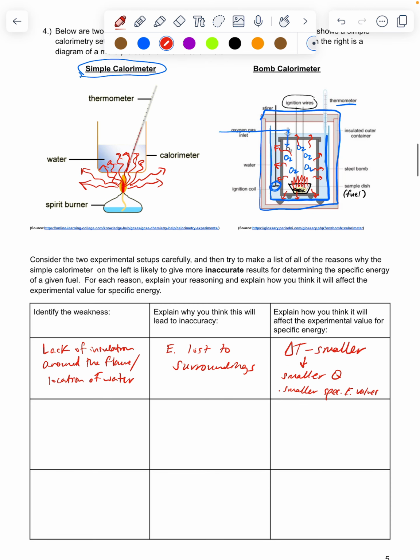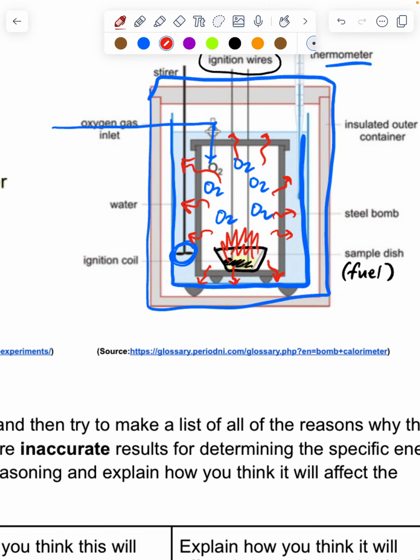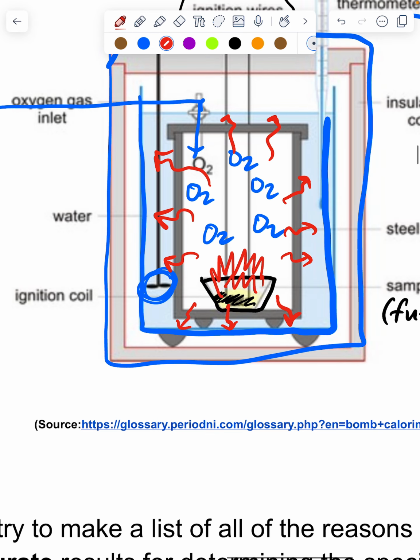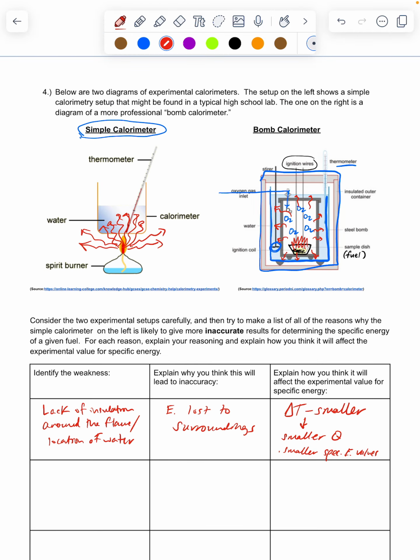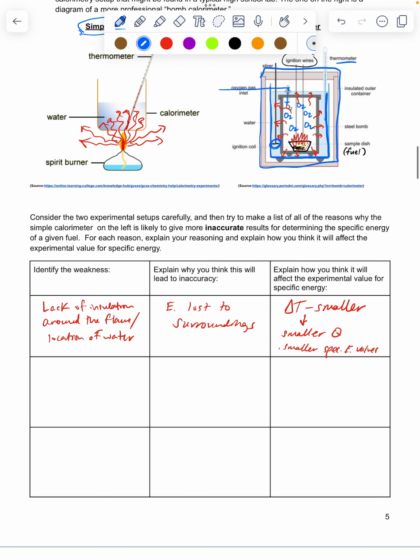Okay, another thing about the bomb calorimeter is it is pumping in oxygen. So why is that important? Well, we know that oxygen is one of the key reactants for combustion, and so the bomb calorimeter is designed to allow for complete combustion.